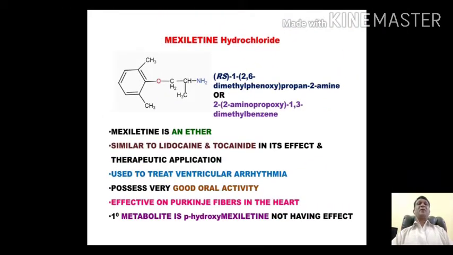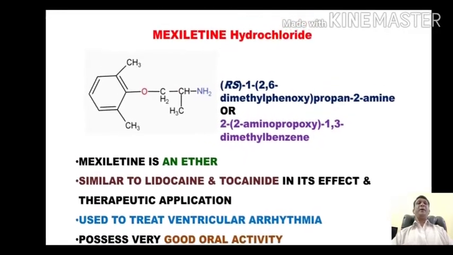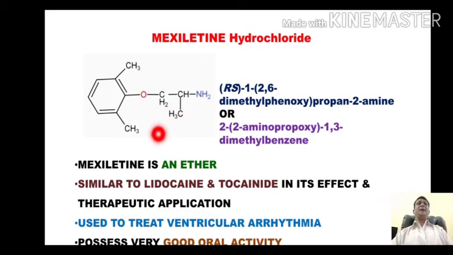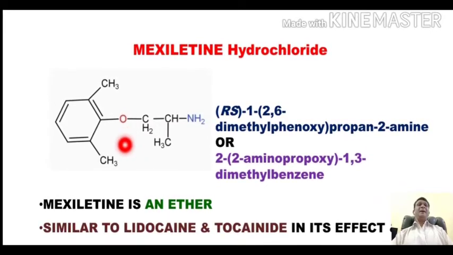The next drug is mexiletine hydrochloride. Now dear students, if you compare mexiletine with tocainide, we find a major difference over here. The difference is that instead of NH we have an oxygen over here, and instead of the carbonyl group of tocainide we have a CH2 group here.